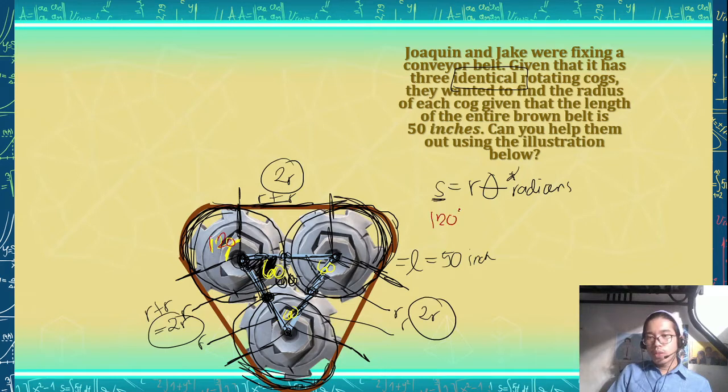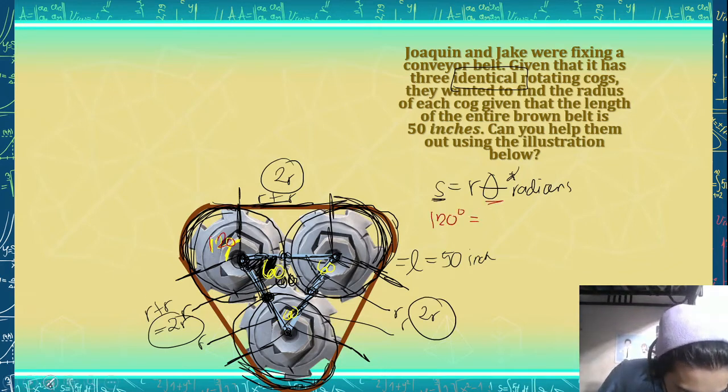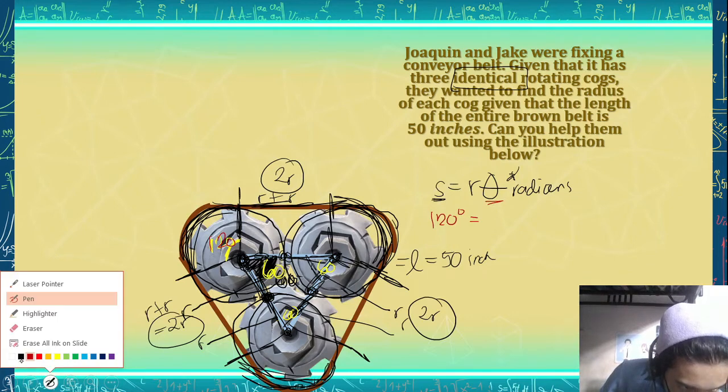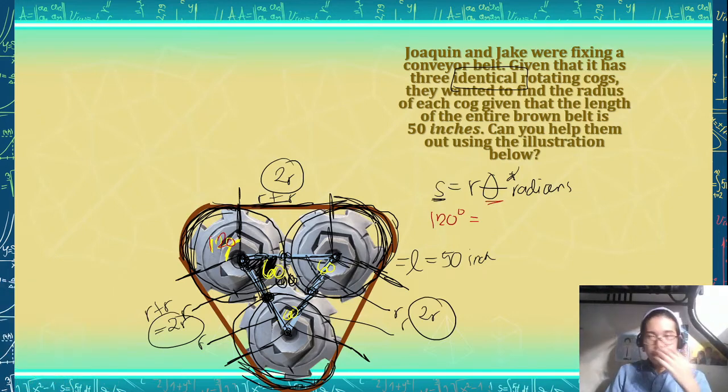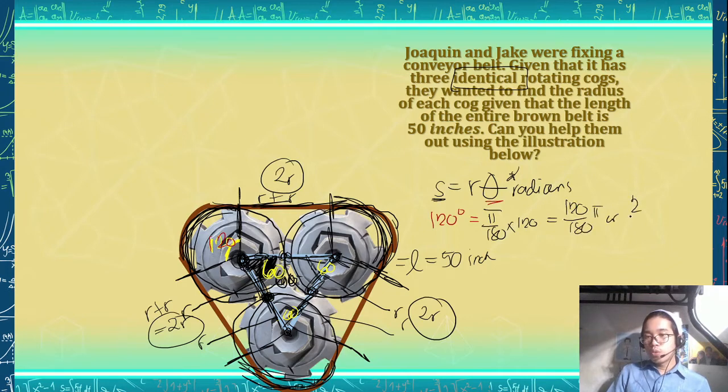And what's 120 degrees in radians? If we convert that, that should give us pi over 180 times 120. That should give us 120 over 180 pi, or simply 2/3 pi, or 2 pi over 3.